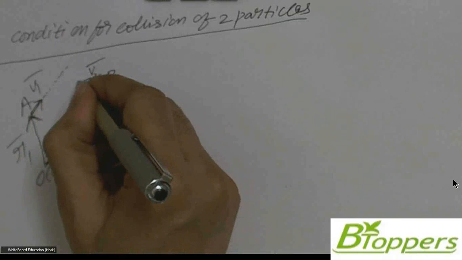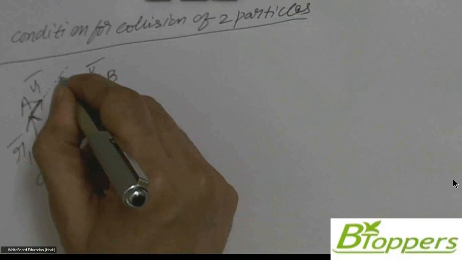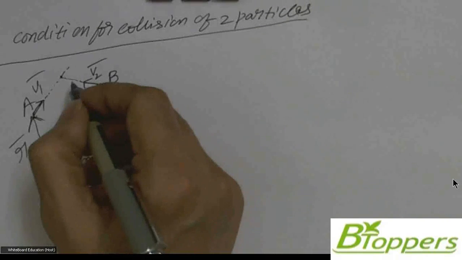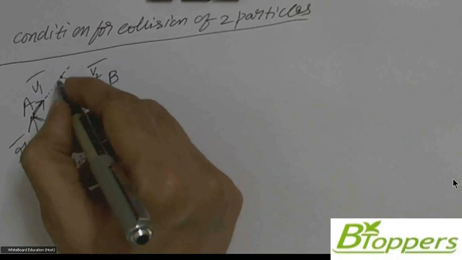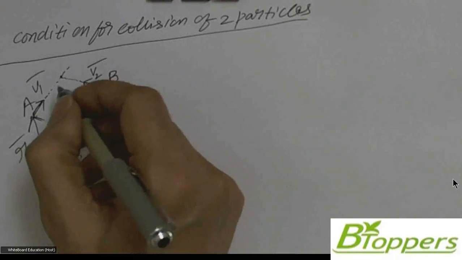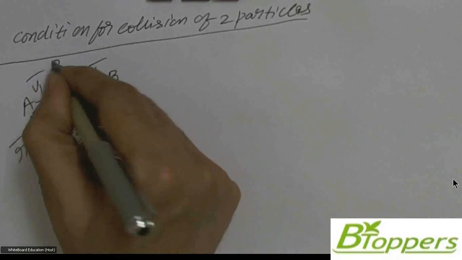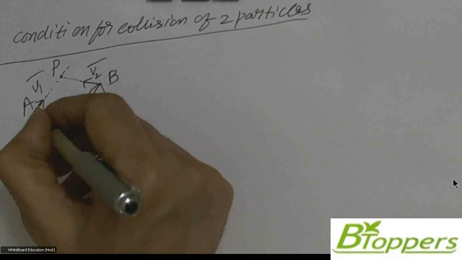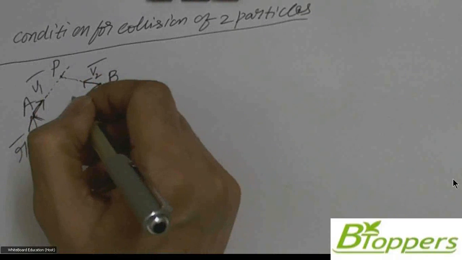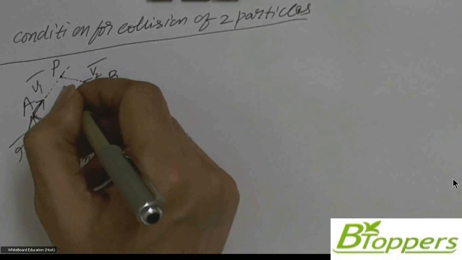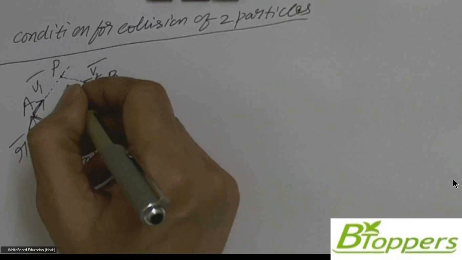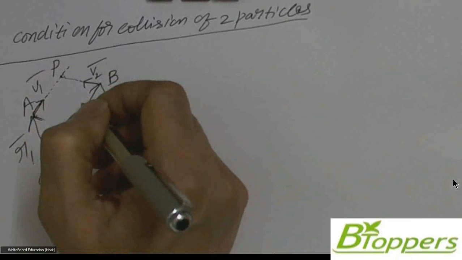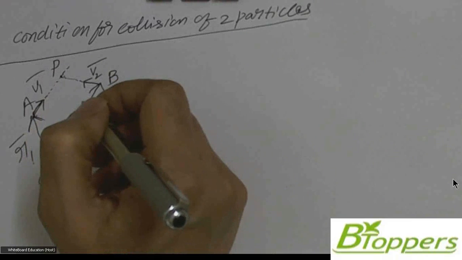I am going to discuss the condition for the collision of the two particles and also discuss how to find the time interval after which they collide at a point P. That means the first particle moves from A to P in a time interval delta t, and the second particle moves from B to P during the same time interval delta t.